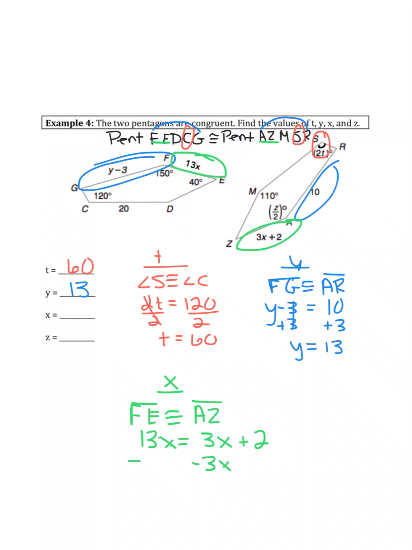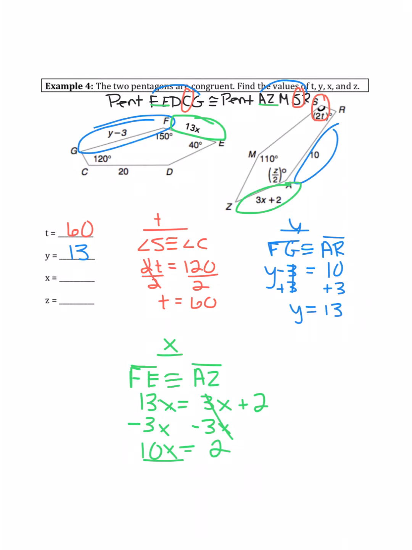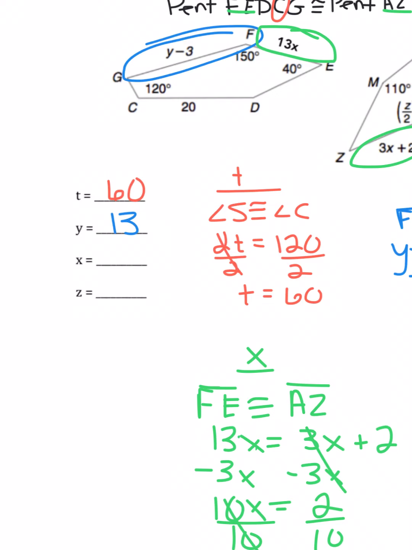So I will subtract 3x, and I end up getting 10x is equal to 2. Then the next thing I need to do is divide both sides by 10. I would get a simplified fraction that's 1/5, or you could say 0.2. Either one would be fine.